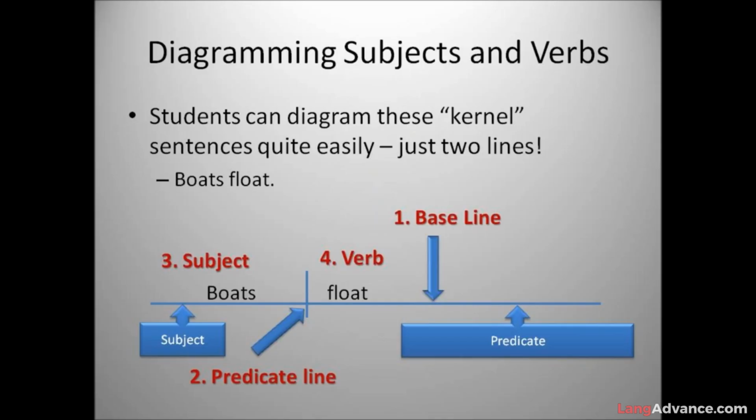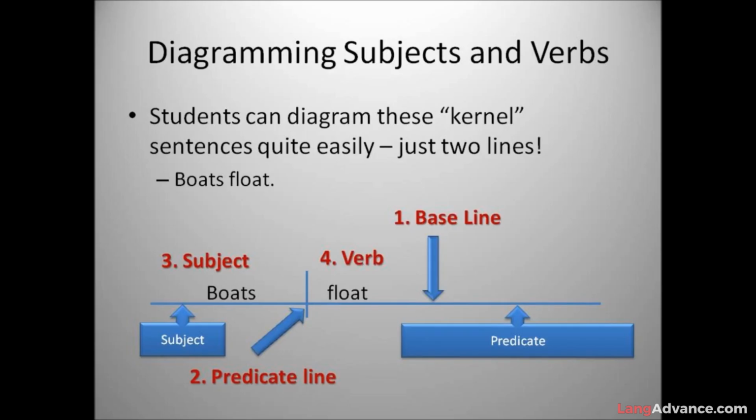When we simply state a subject and a verb, even if it's part of a larger sentence, we can call those kernel sentences. So boats float would be a kernel sentence, and we would diagram it by first drawing a baseline. All sentence diagrams start with a baseline. Then we draw a predicate line or an SV divider line, where we're going to divide the subject from the verb or the subject from the predicate.